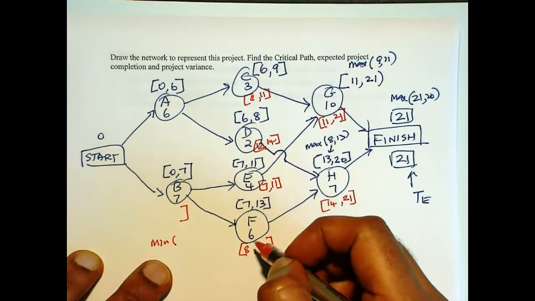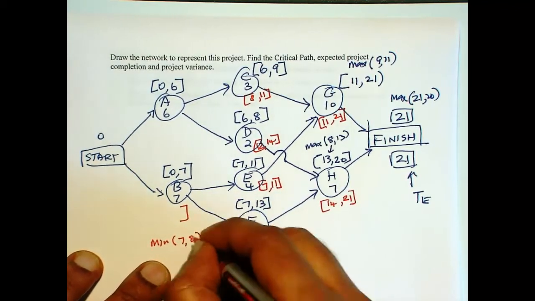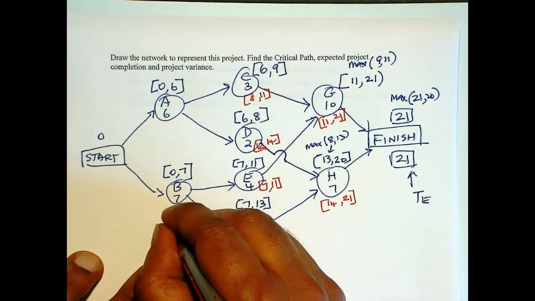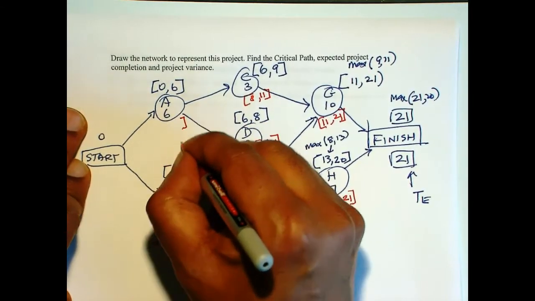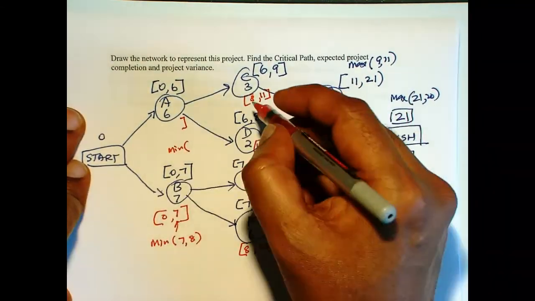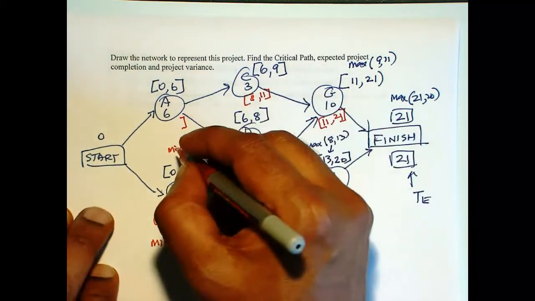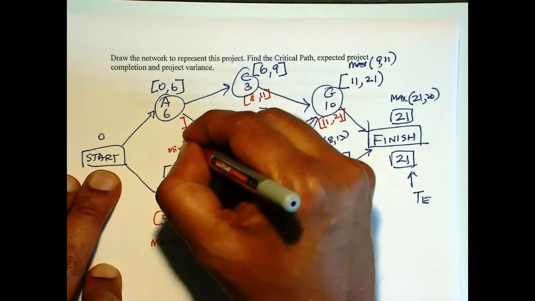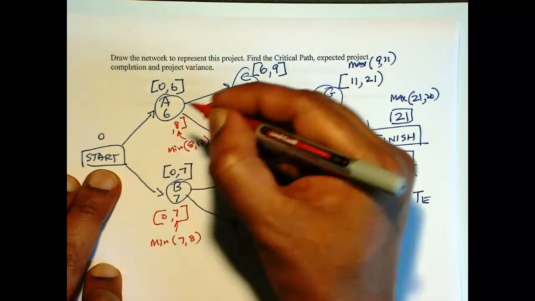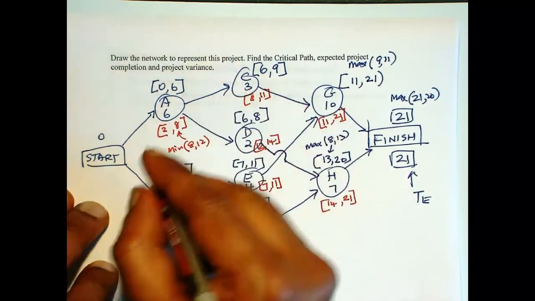And here again we have to have a min between 8 and 12, gives you 8. Minus 6 is 2. So here you have a min between 2 and 0. We are back to 0.